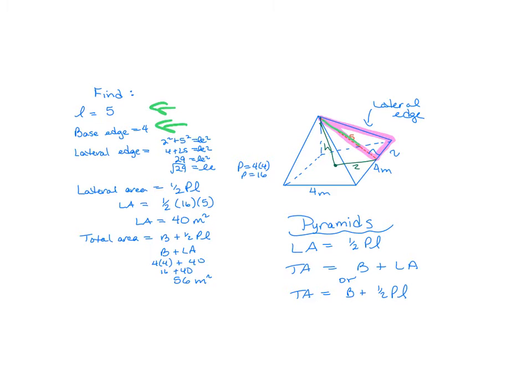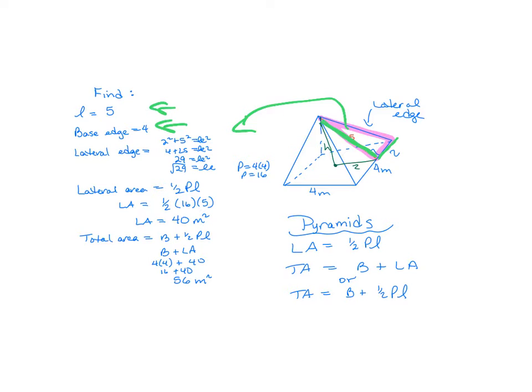So this is the slant height right here. Then if I draw down that slant height, it bisects the 4. So now I could do Pythagorean theorem to get the lateral edge. And then you would get square root 29. The lateral area, remember, is 1/2 the perimeter times the slant height.